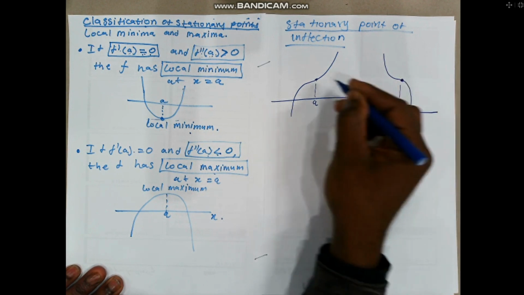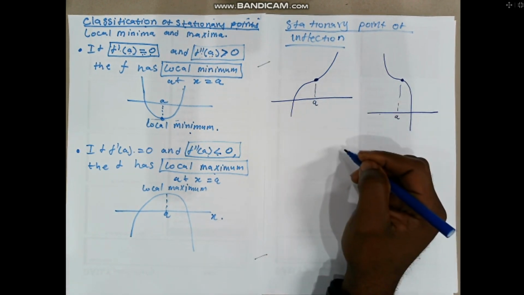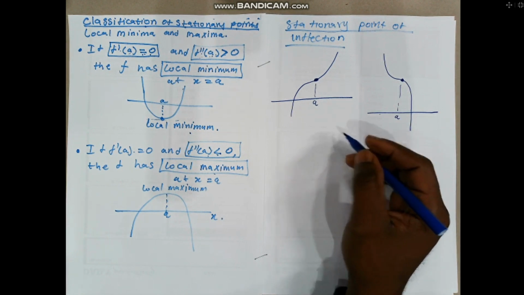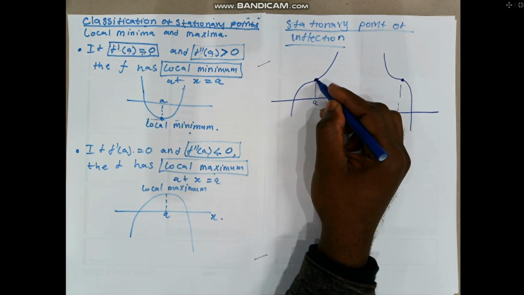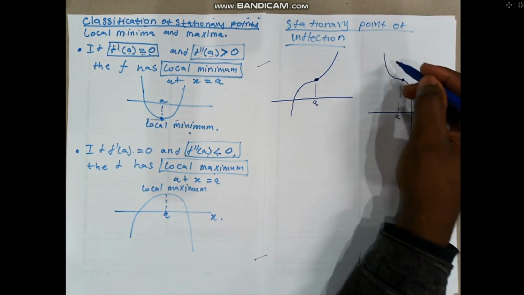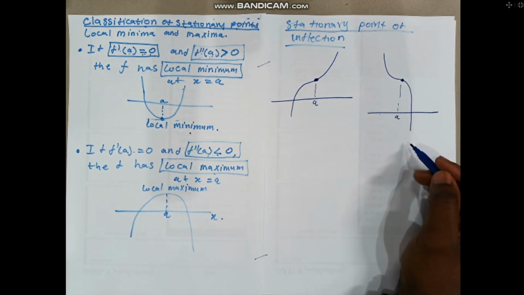This graph is one of our classifications where we interpret graphs: our graph is increasing, and then it comes to this point, which we call the stationary point, and it increases again. Here it decreases, and when it reaches this point it also keeps decreasing.